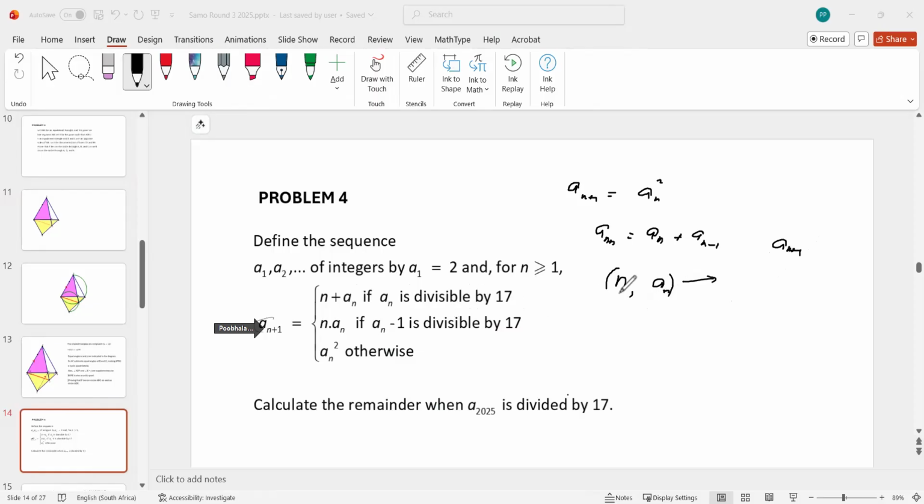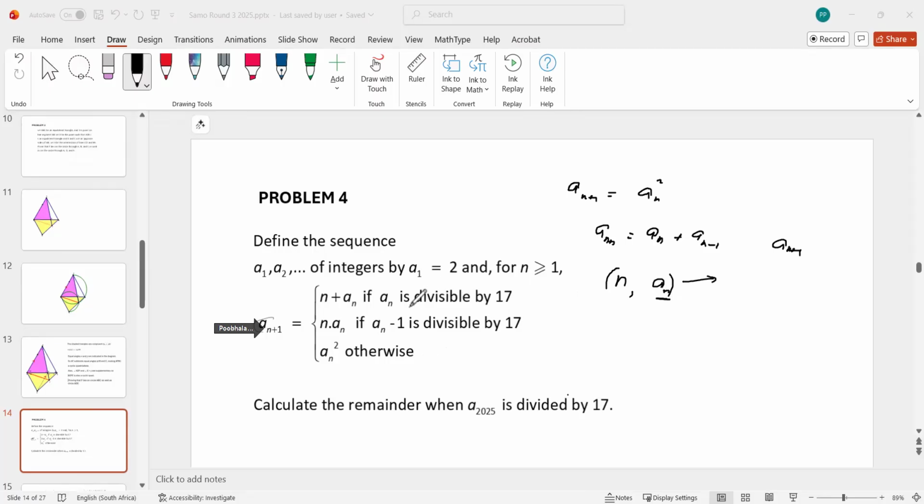The second condition is that if you subtract 1 from the previous term, that is divisible by 17, then you got another rule. And then you got a third rule if neither of these are satisfied.